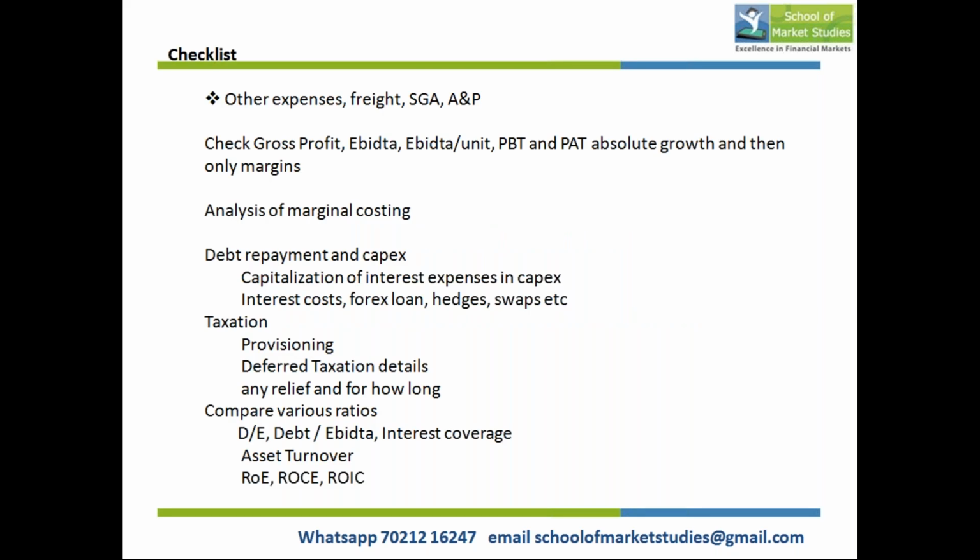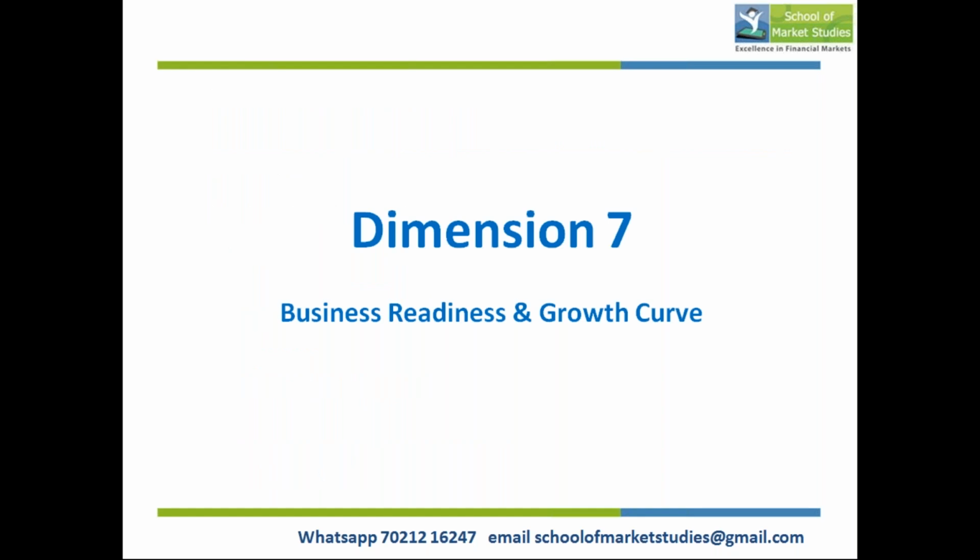And one thing that I forgot to mention is that you must do this in relation to peers also. So these ratios will tell you, are you a better player than your peers or not? Obviously, you want to buy a business which has got better growth prospects, is more efficient than other businesses and earning better return than peers, right?